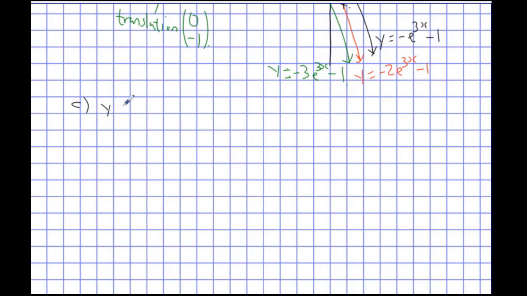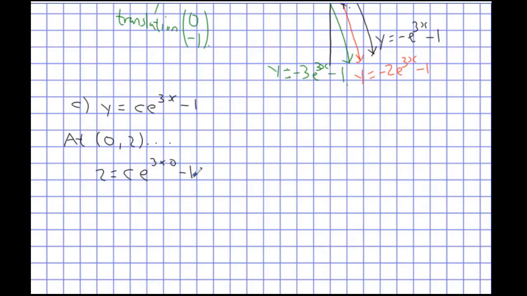So the general solution, y equals c e to the 3x minus 1. So when you're given a point on the curve, so at the point 0, 2, the y value is 2, so 2 equals c times e to the 3 times 0 minus 1.